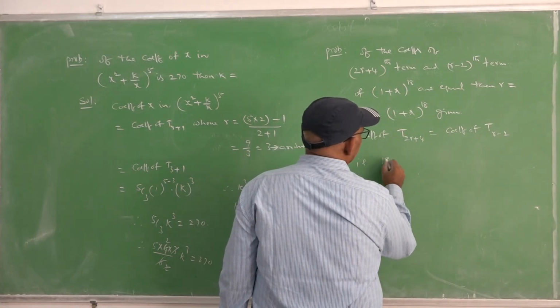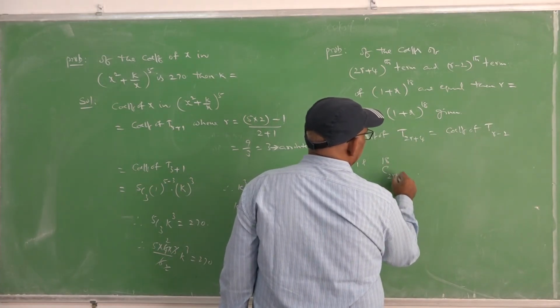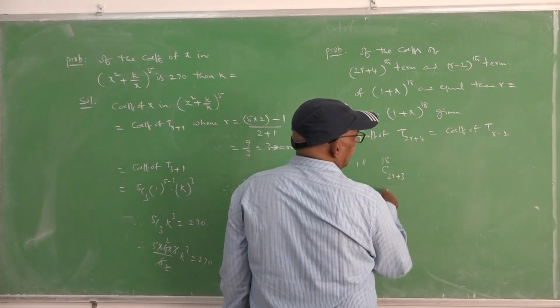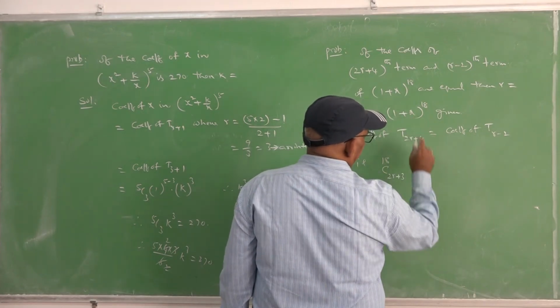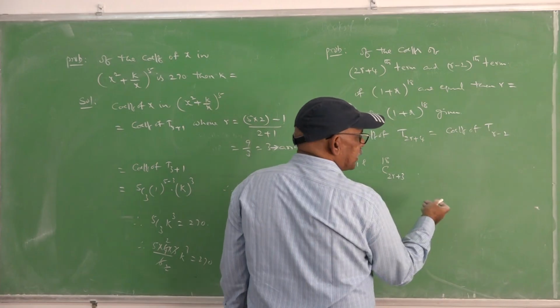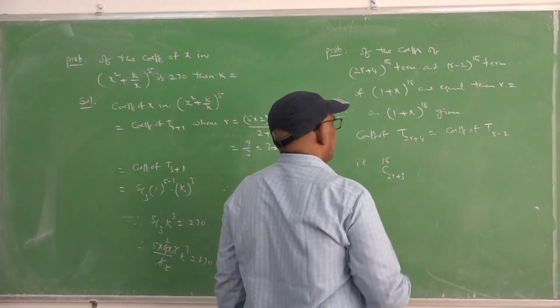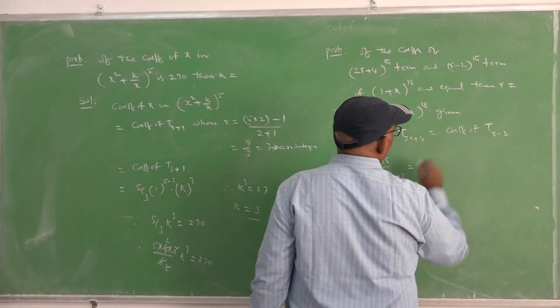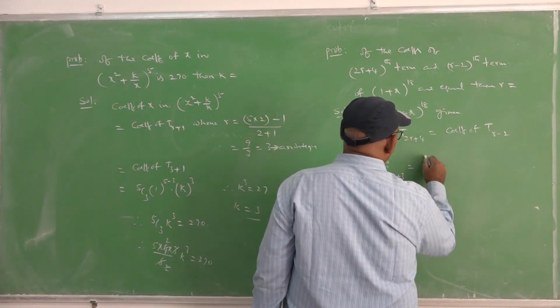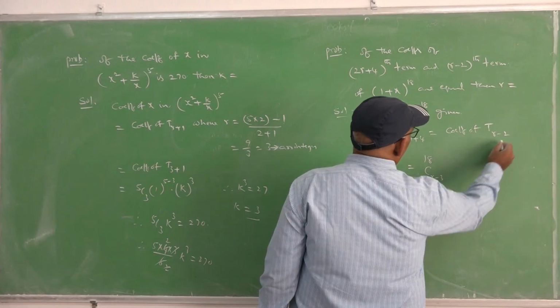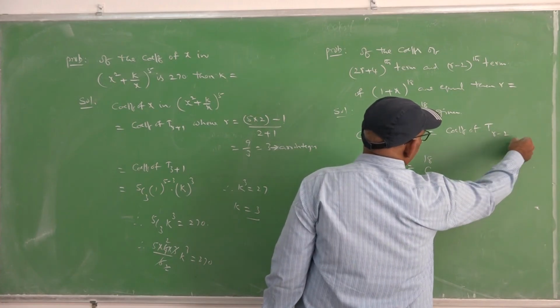The coefficient is given by 18C(2r+3), since the power 18 minus (2r+3) is for 1 itself. Similarly, this one is 18C(r-3), because you can write it as (r-3) plus 1.